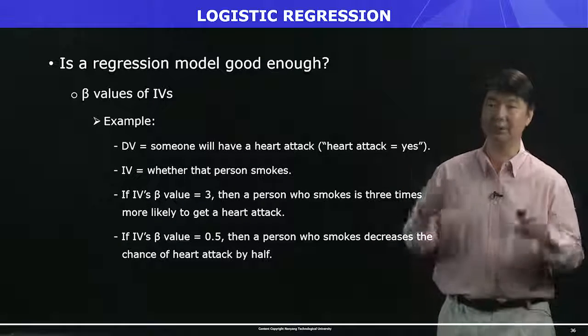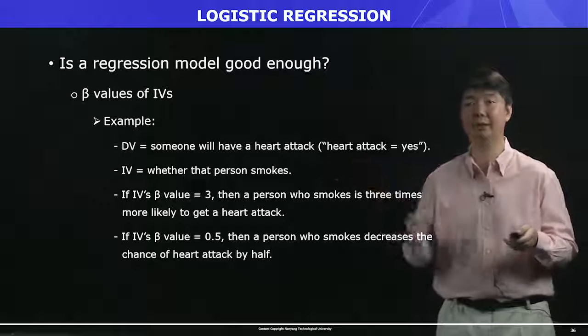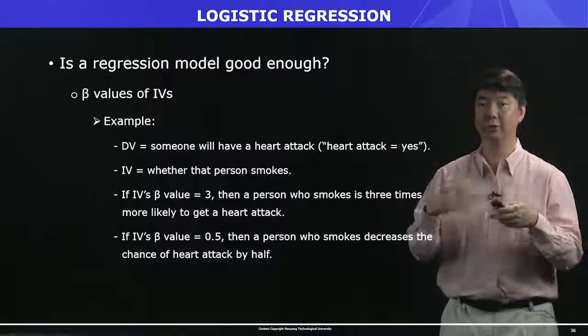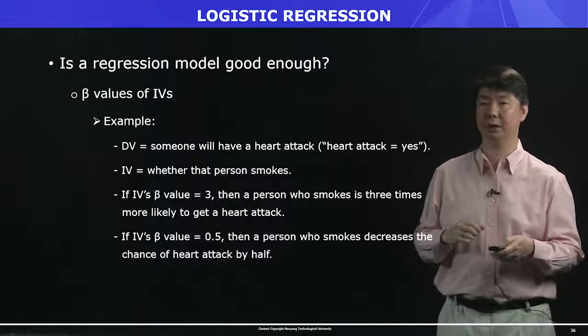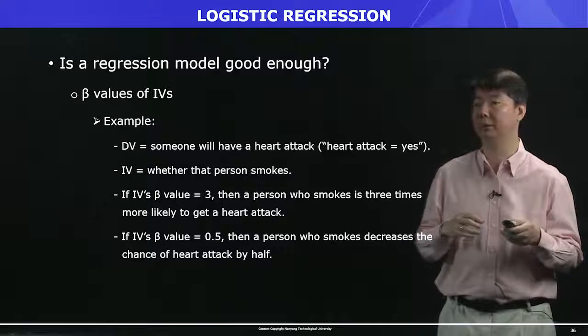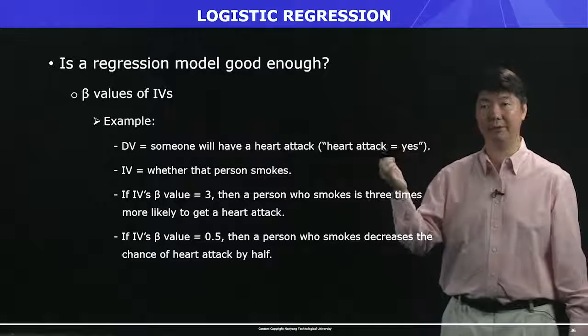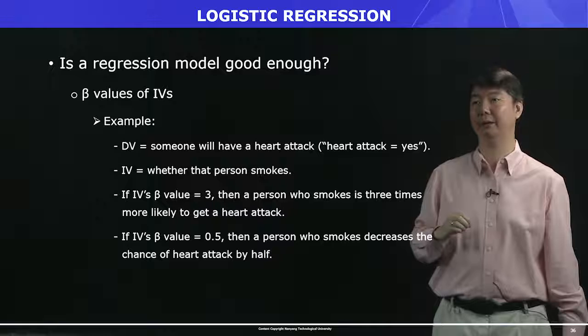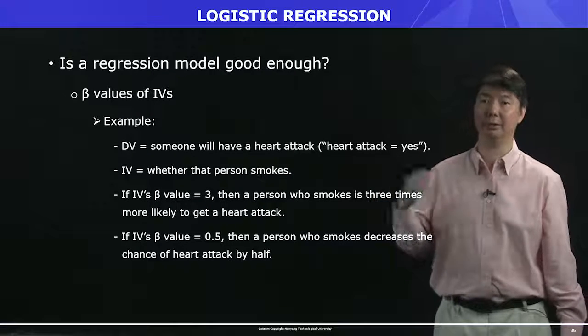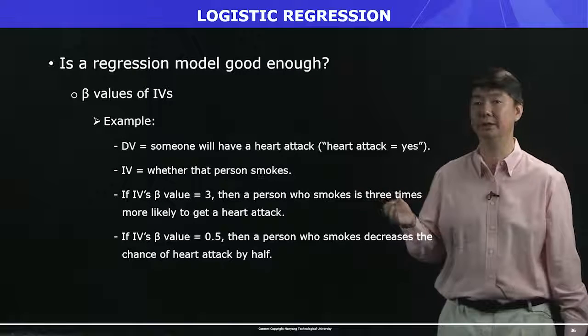So what you do is you collect the data between smoking habits and whether a person has a heart attack or not. Run this through a logistic regression analysis, and then you get your regression model. So the regression model will give you the IVs and their associated beta value. So in this case, let's say your IV's beta value, that means whether a person smokes or not, the beta value is 3.